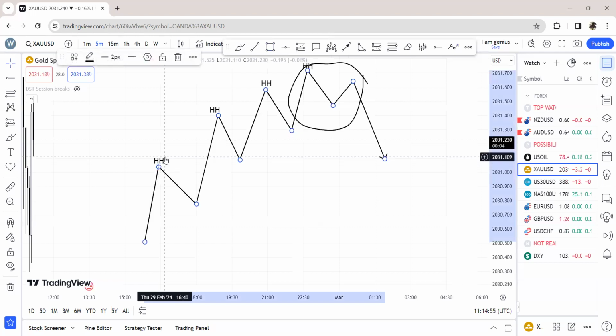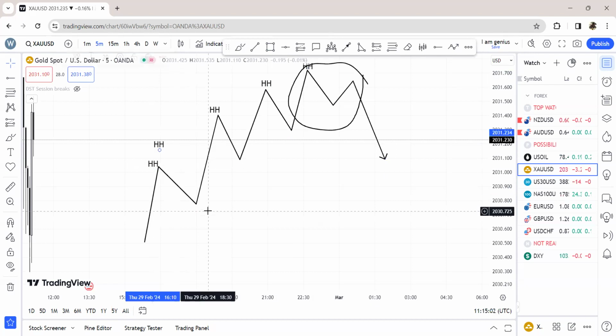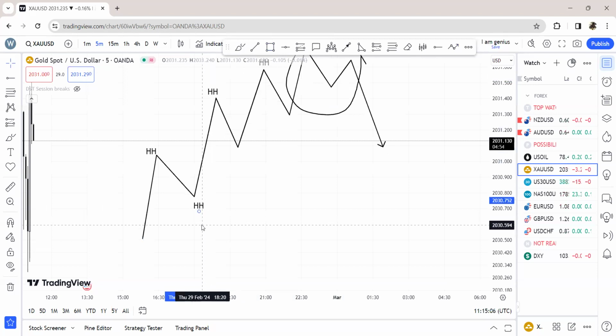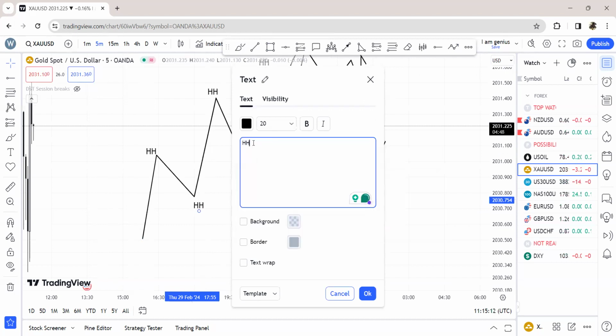Let me copy this in, then we'll change the text to higher lows. Higher lows.